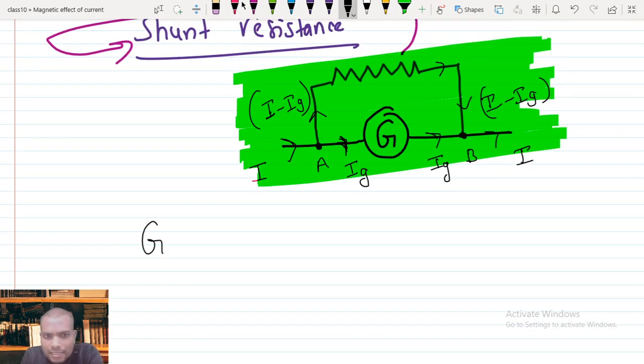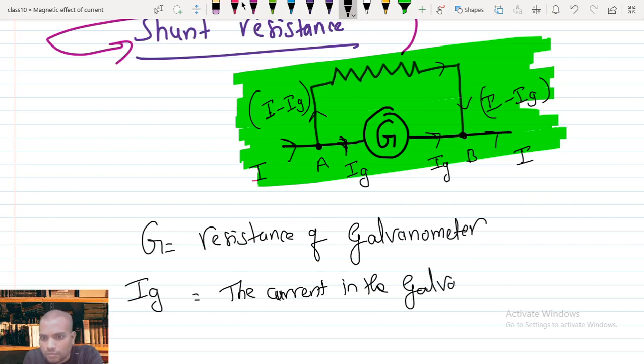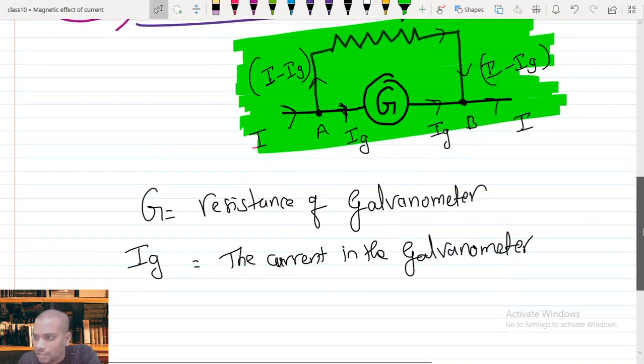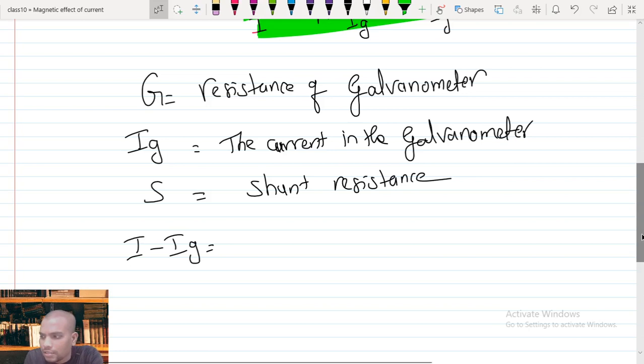Suppose I write the things here: G equal to the resistance of the galvanometer, and Ig is the current in the galvanometer, and S is the shunt resistance, and I minus Ig is the current through the shunt.